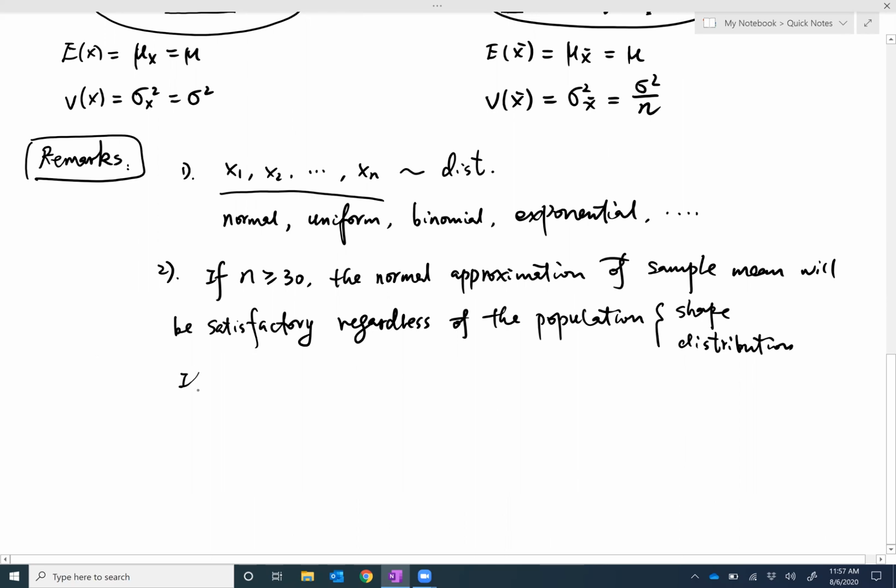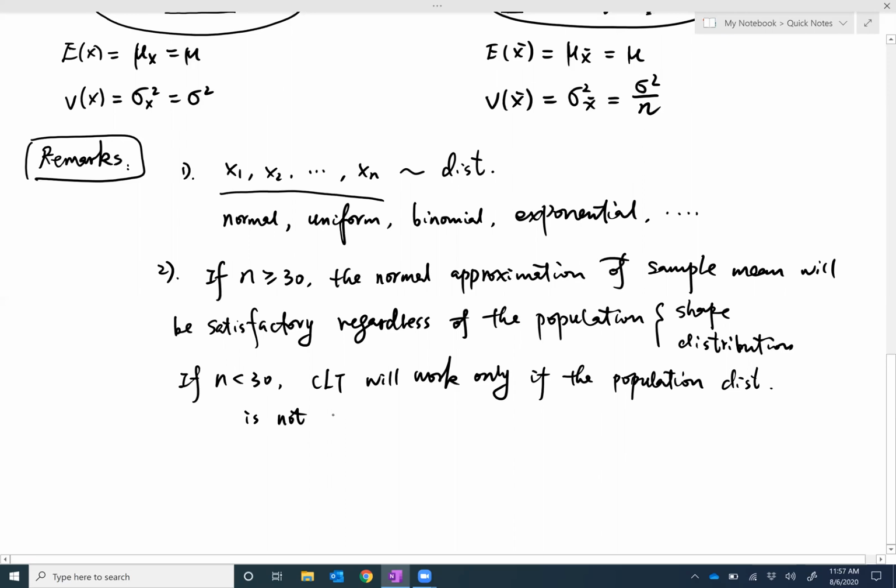So if n is less than 30, the CLT will work only if the population, that means the X distribution, is not severely non-normal.